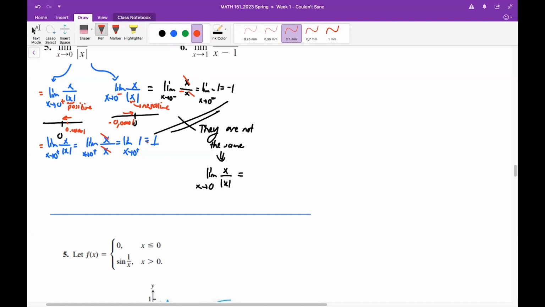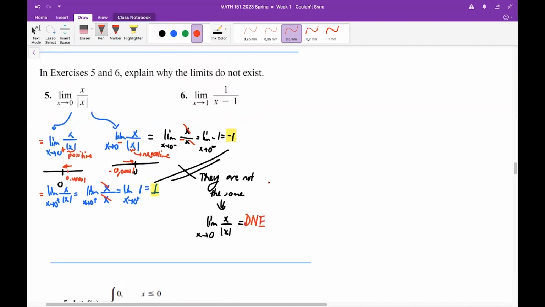Since one-sided limits are different, one of them is 1, one of them is -1, the limit does not exist. Okay? So that's how you should treat limit exercises including absolute signs. You need to look at one-sided limits and verify whether they are equal or not.